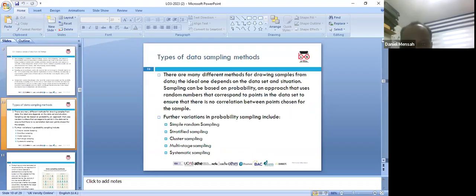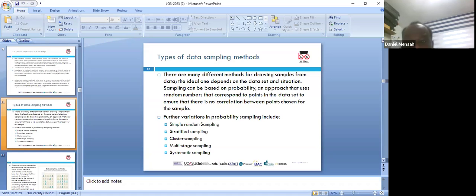Okay. Types of data sampling, which I think most of you know already. There are different methods of drawing samples from data, depending on the data set and situation.